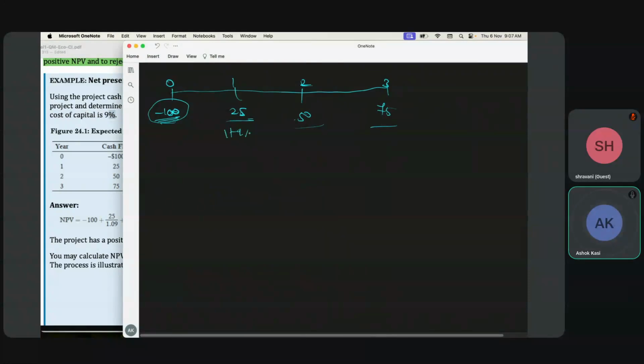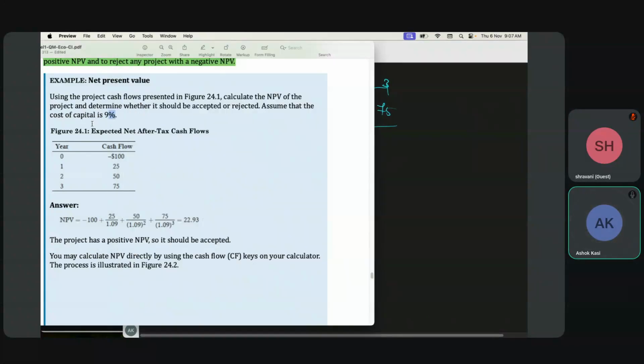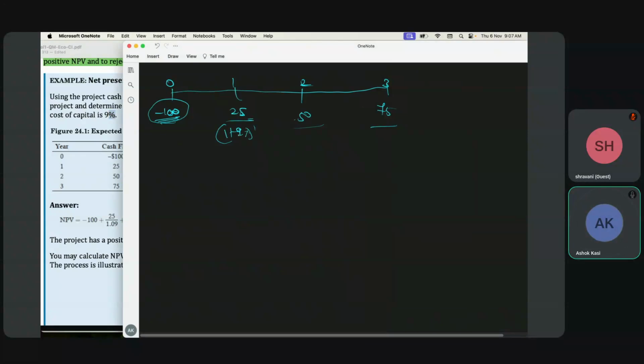1 plus 9% raised to 1. You can even see, this is cost of capital or inflation rate. All this can be used as the discounting rate. So here also 9% for 2 years, 1 plus 9% for 3 years.